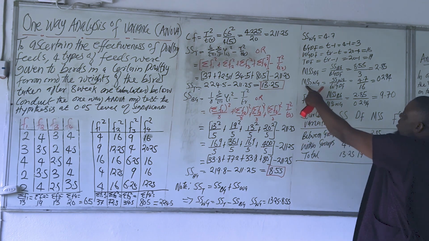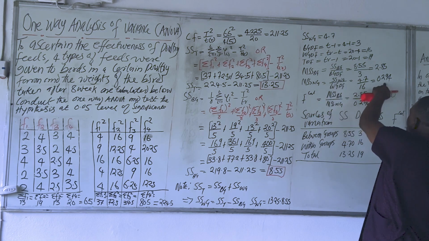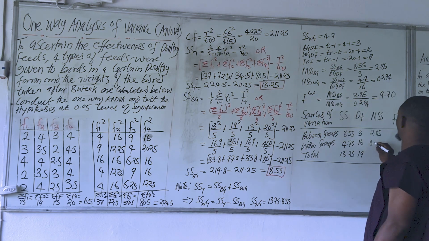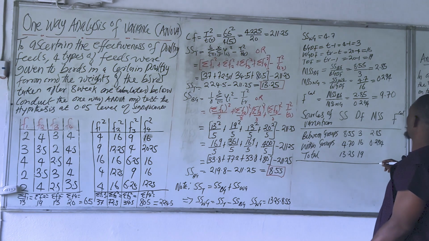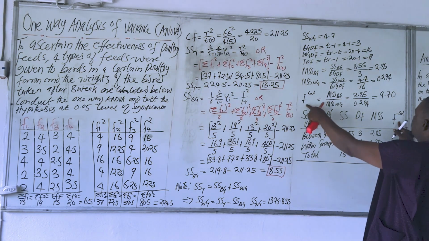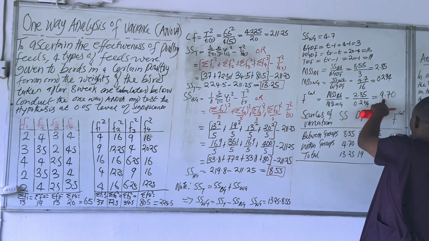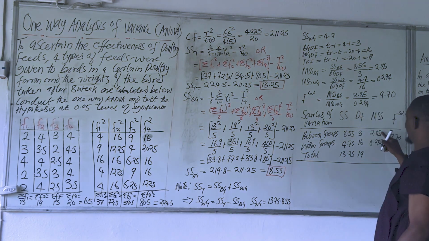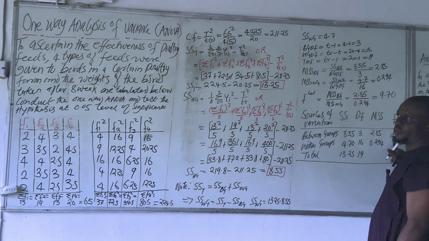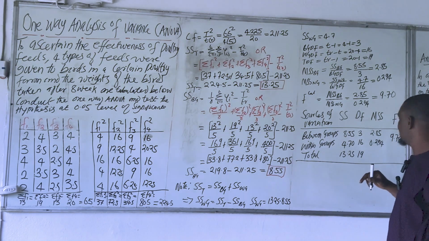And then mean sum of square within group we calculated as 0.294. Okay, so our F cal, which we calculated as 9.70. If you divide this by this, I'm sure you're going to get 9.70.